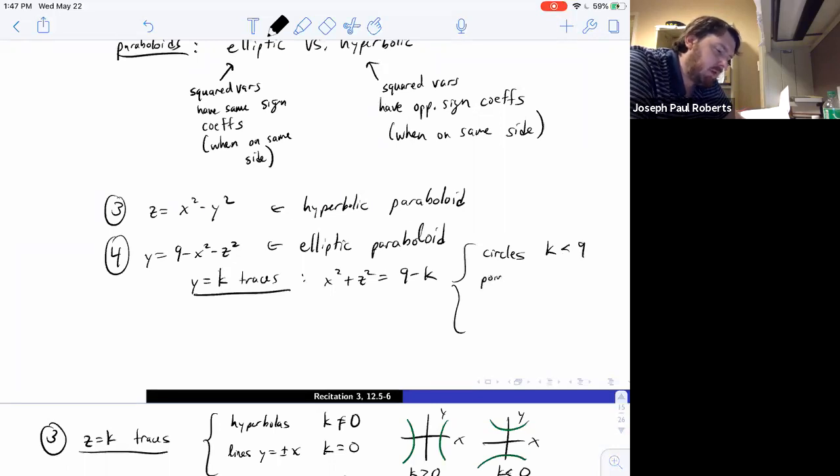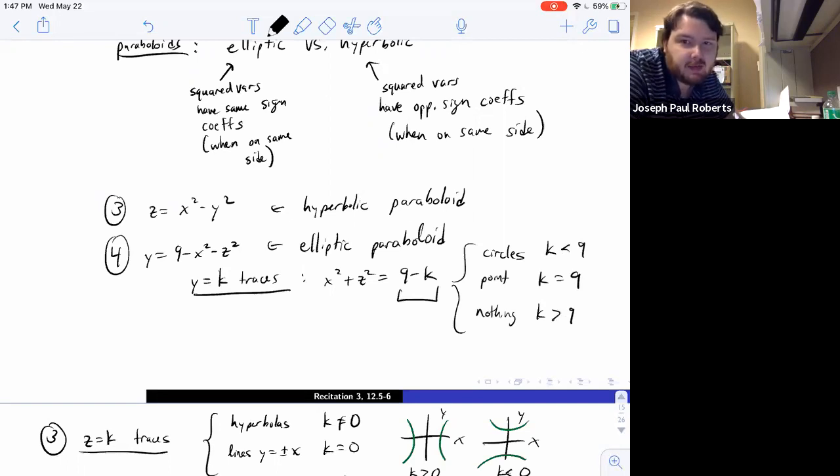It's going to be a point when k equals 9, because then that right-hand side is 0, and the only way that x squared plus z squared could be 0 is if they're both 0. And then nothing when k is bigger than 9, because if k is bigger than 9, 9 minus k is negative, and there's no way x squared plus z squared could be something negative.